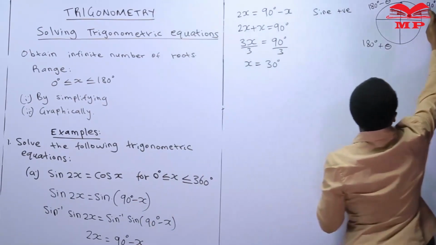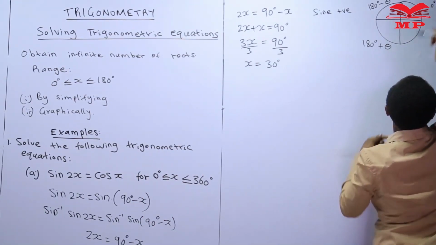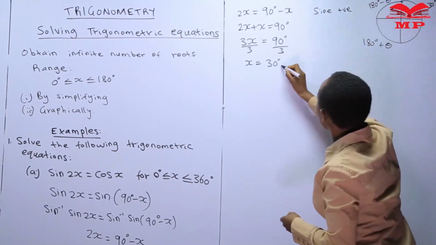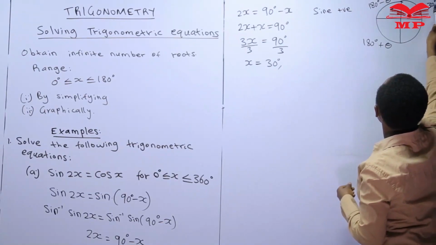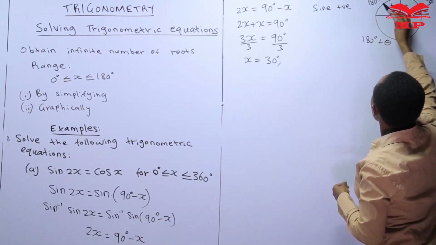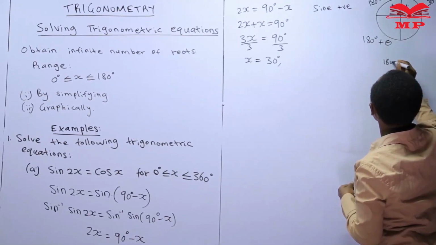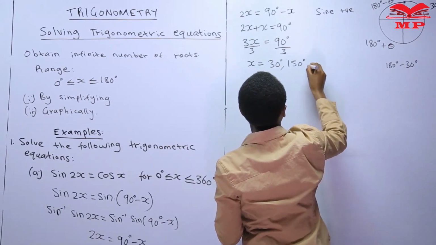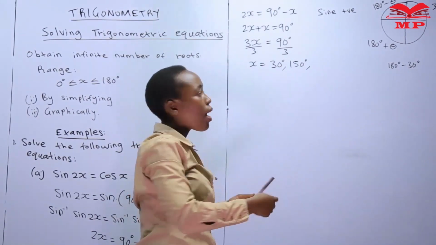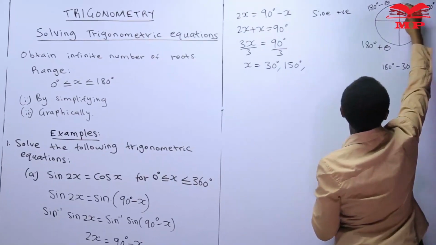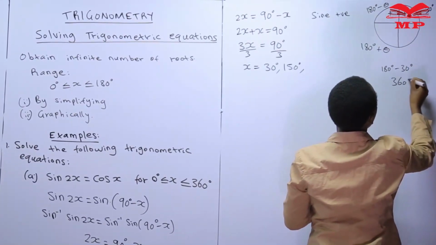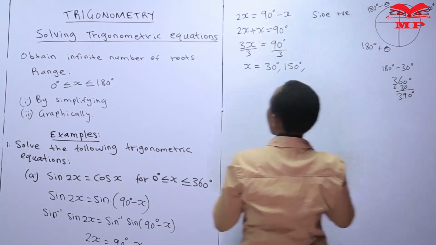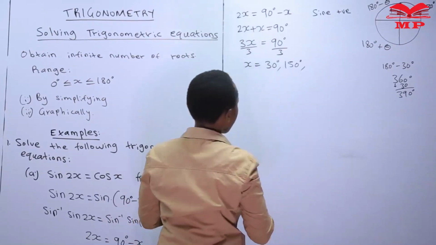Now we have 30 degrees here. We have our sine being positive, so we have 30 degrees, and in the second quadrant we have 180 degrees minus 30 degrees, which is 150 degrees. Then if we go round once again, we'll have 360 plus 30, which will be outside the limit because it is up to 360 degrees.